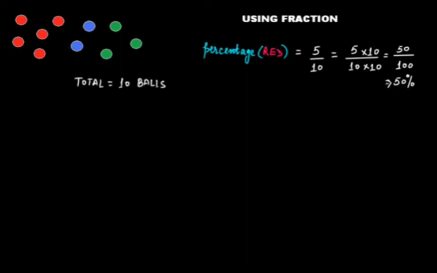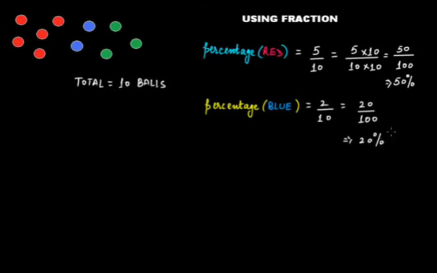Now let's talk about percentage for this blue ball. In this case, what is the fraction? 2 over 10. Again, if I multiply both the numerator and denominator by 10, I'll get 20 over 100, because 10 times 10 is 100. This represents 20%. Okay.